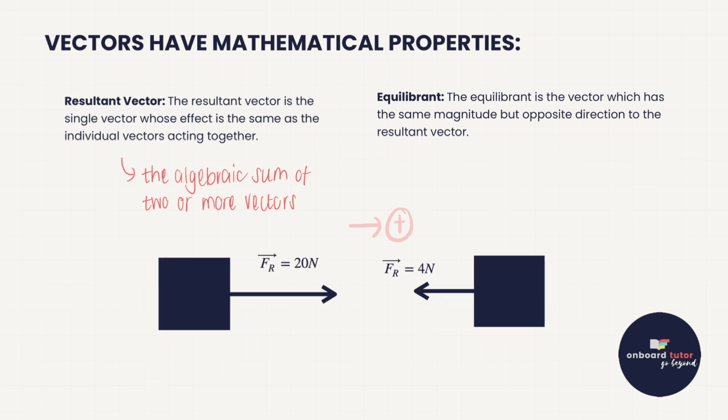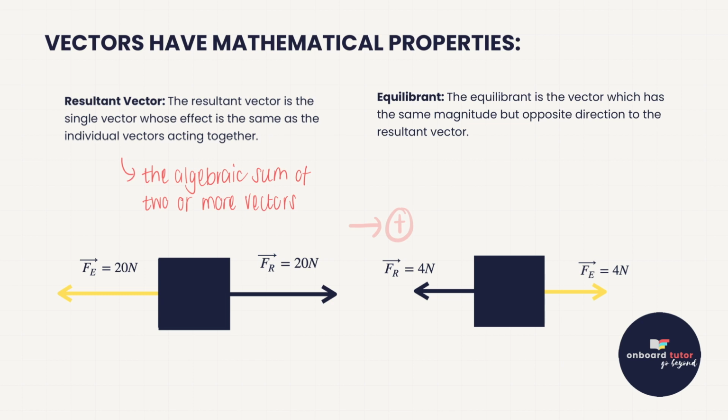So what we've really done is swap out all the vectors in each case for each block and represented it as a single vector, which is exactly what a resultant vector is all about. And so you've guessed it, these yellow arrows here would be our equilibrants for each of these scenarios.